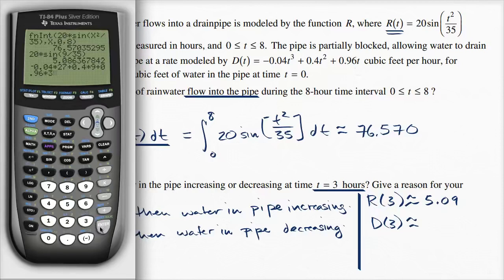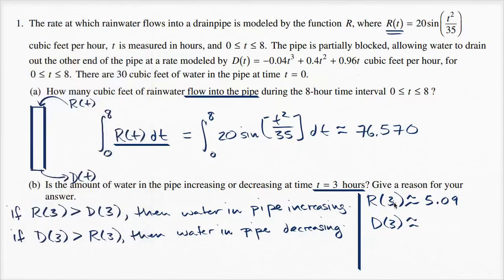And this gives us 5.4. So d of 3 is greater than r of 3. So water is decreasing. We're draining faster than we're getting water into it. So water is decreasing.